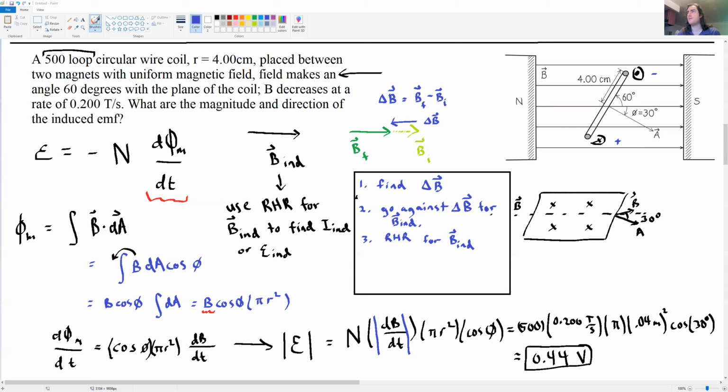So they say here in the book, and this is actually a nice little thing. Let me maybe stop sharing for a second and just full screen myself. I like this explanation they have at the end of this example in the book. They say that once you find the direction of the induced field, which is this way, then your fingers curl in the direction of the positive EMF.